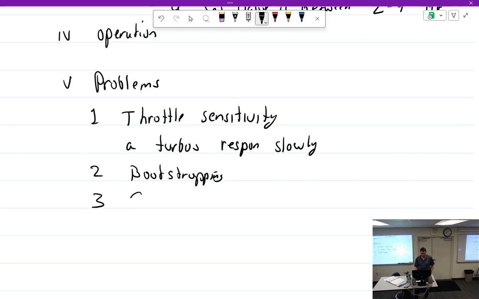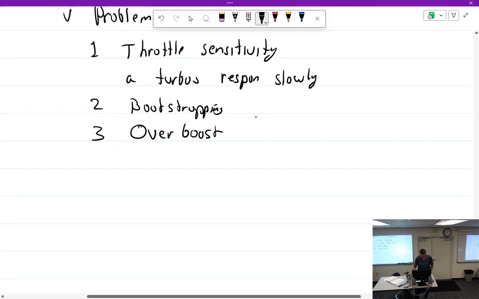Overboost is a lot easier to understand because the name is very clear. That is when you overboost an engine. There are manufacturer's limits to what you can have for overboost.